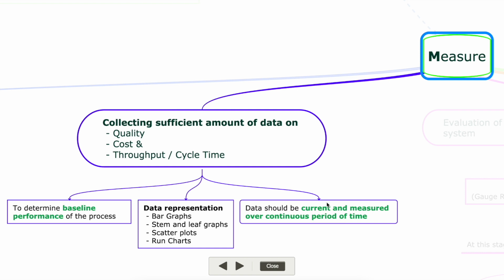After collecting data in this form, in the current state, and over a continuous period of time, we can use these tools to represent this data, and then we can develop our understanding of the baseline performance of the process, and we can determine how good or how bad the system is performing.